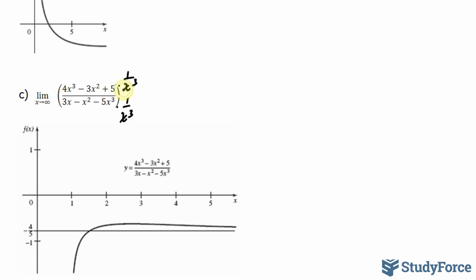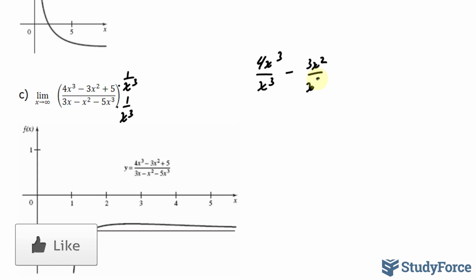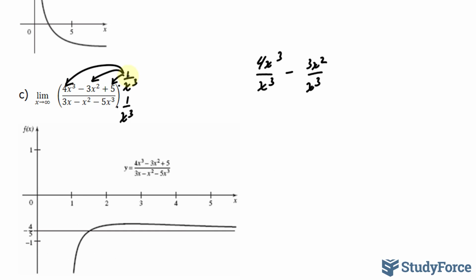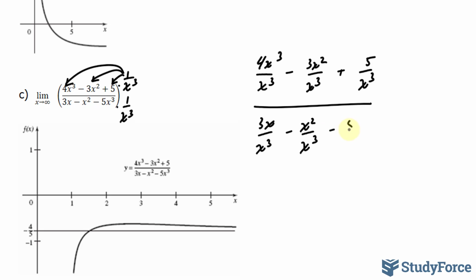If I multiply the numerator by 1 over x to the power of 3, I end up with 4x to the power of 3 over x to the power of 3 minus 3x squared over x to the power of 3 plus 5 over x to the power of 3. Similarly at the bottom, 3x over x to the power of 3 minus x squared over x to the power of 3 minus 5x to the power of 3 over x to the power of 3.